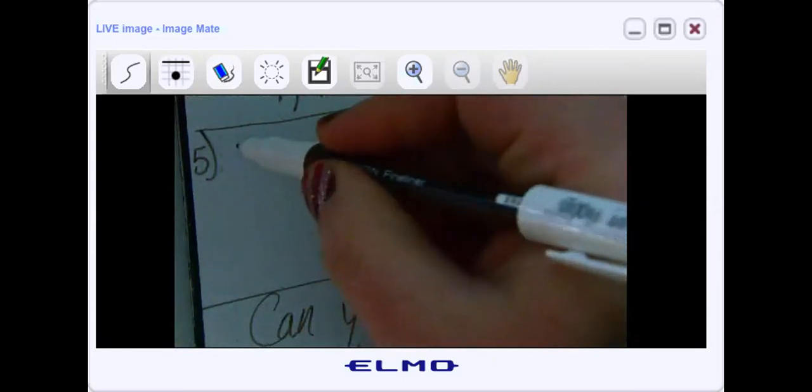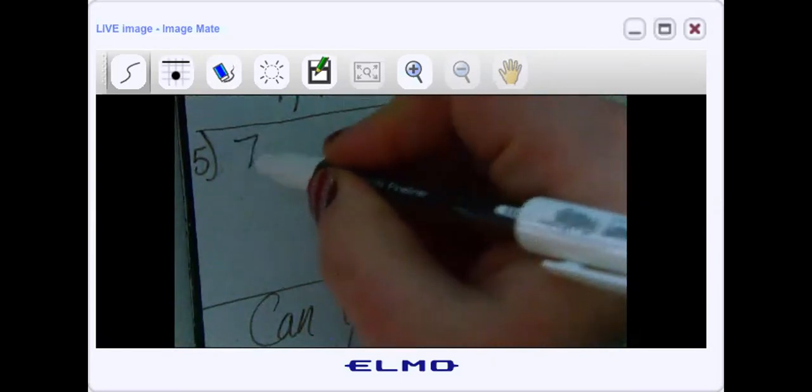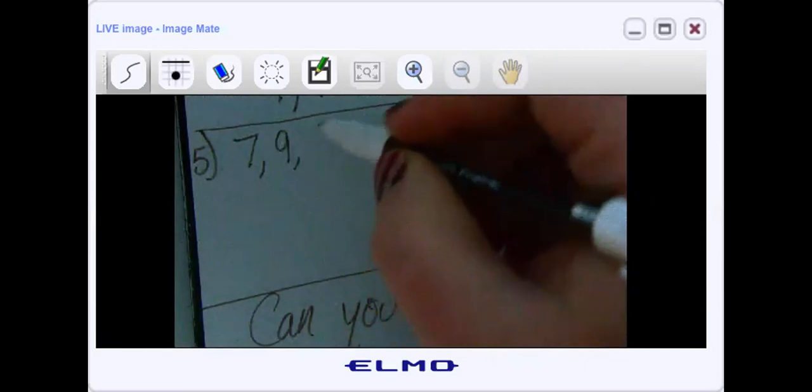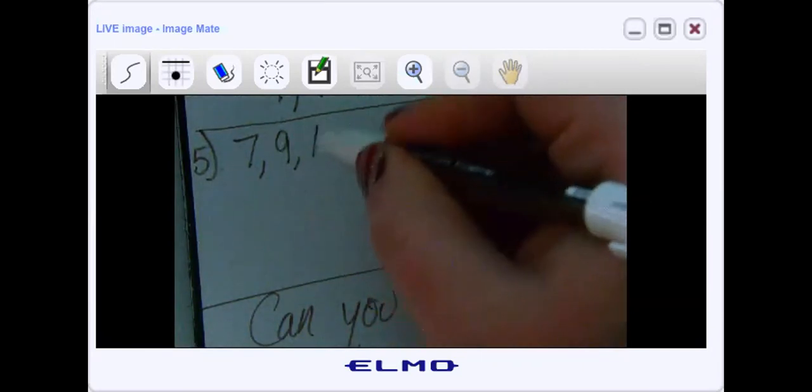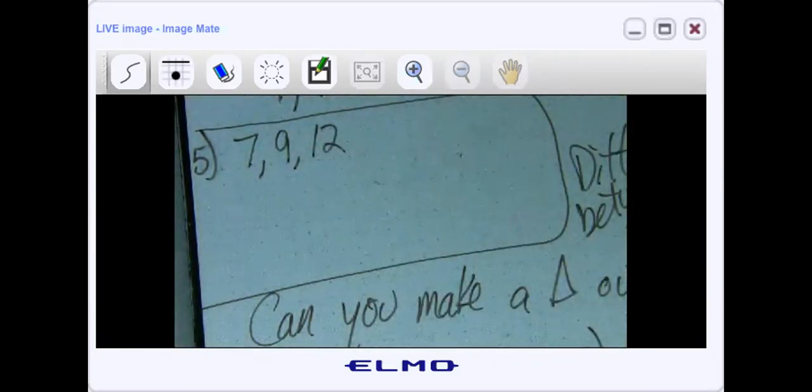Let's do, I don't know, 7, 9, and 12. Can you make a triangle out of these 3?